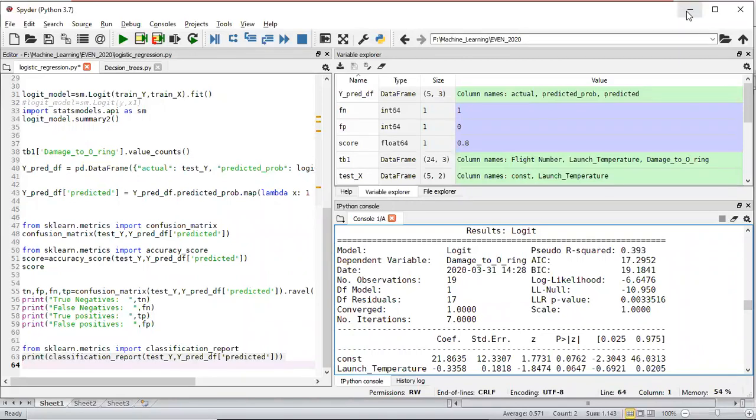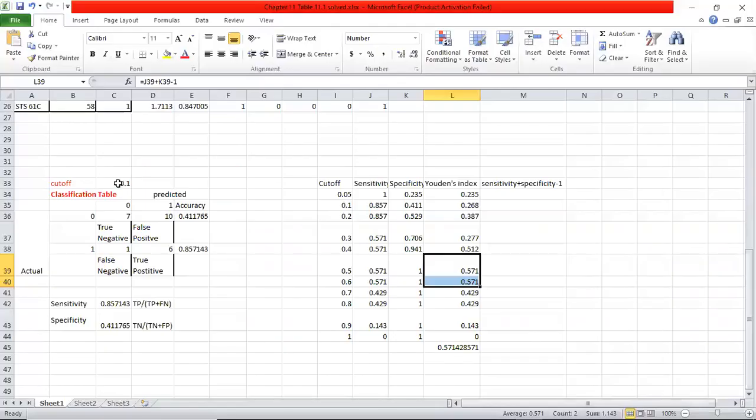Youden's index means, here for each value of cutoff probability, I am finding the value of sensitivity and the value of specificity, and after finding them I am tabulating here. For 0.1, I have sensitivity 0.857 and specificity 0.411. Youden's index formula is sensitivity plus specificity minus 1.